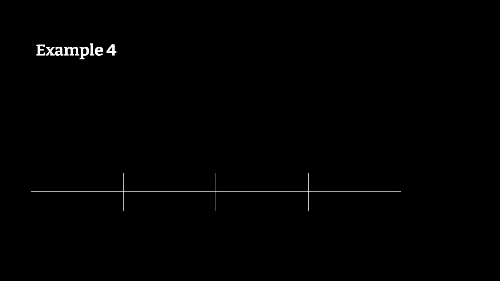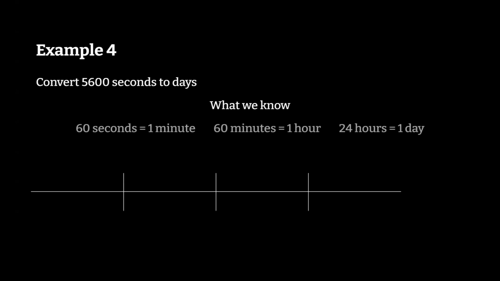Taking a look at example 4. This one's going to be a little bit more complicated, but all we're doing is putting those previous questions together into one question. We are going to convert the 5,600 seconds to days. Converting seconds to days, we know that 60 seconds is equal to 1 minute, 60 minutes is equal to 1 hour, and 24 hours is equal to 1 day.